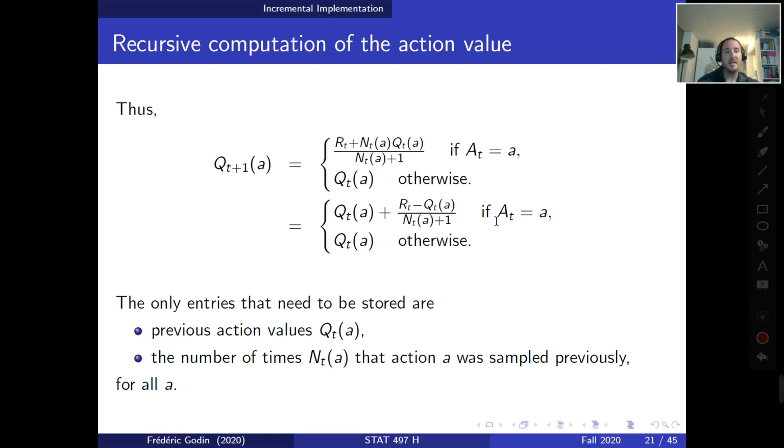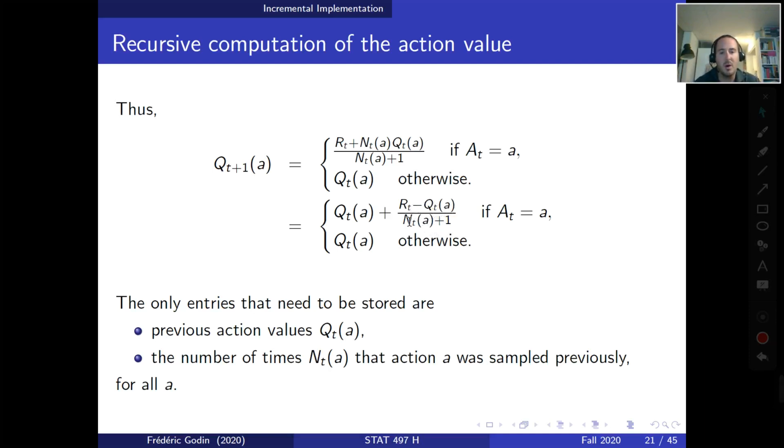What this says is if we want to know the estimate of expected reward for action a after the t-th play, what you need to know is simply your previous estimate at the previous step plus your current reward, which you observe, minus your previous estimate, divided by the number of times action a was previously sampled plus 1.